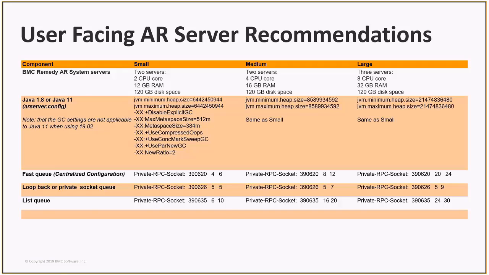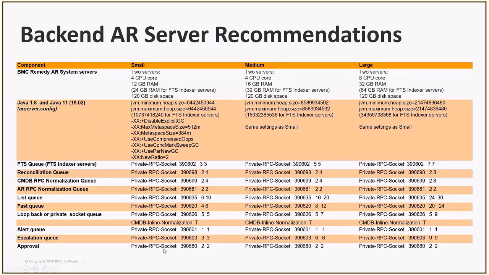We want to make sure that if any plugins are connecting back into AR server, there are enough threads to do the work. The next thing we want to look at is the backend AR servers. These have slightly different requirements because you won't have so many end users needing so many threads, but you'll have other queues doing work and integrations that need enough threads. For sizing, for small, medium, and large, we recommend 2 servers in each environment.